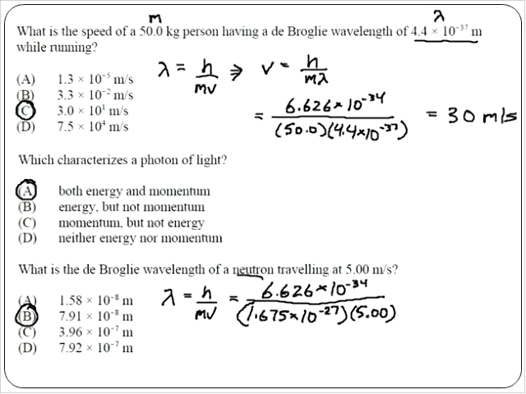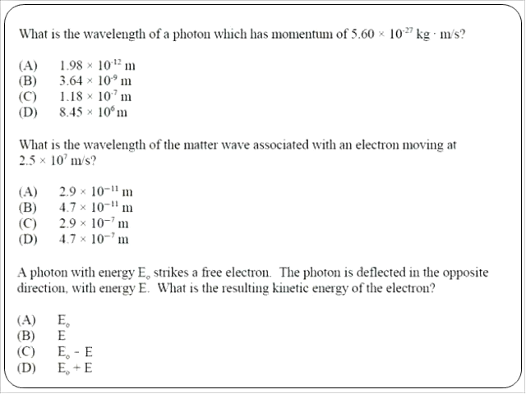Okay, and a lot of those are very similar. That particular equation comes up a lot. This next one is an example of Compton's equation. p equals h over lambda, which can be rearranged as lambda equals h over p.